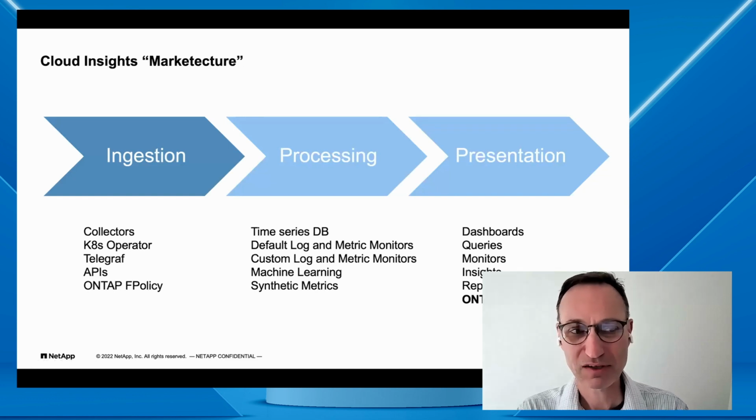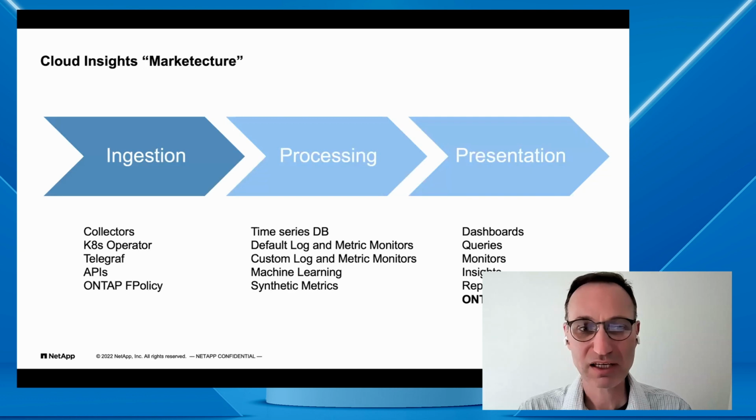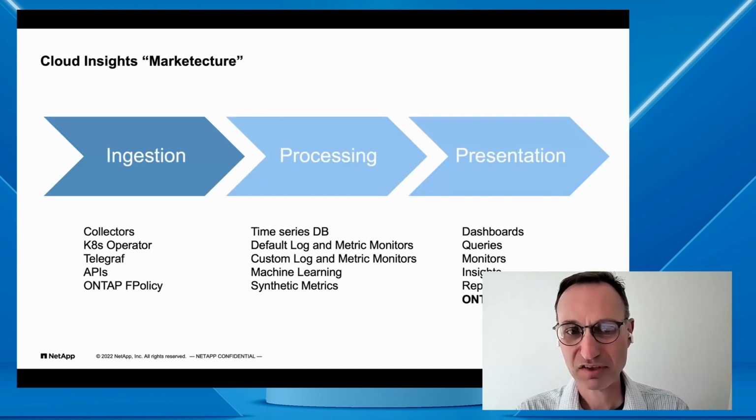When I think of Cloud Insights, there's really three key core pieces. There's collecting the data, there's processing and storing it, and then there's viewing it in various useful ways. When we think about collecting the data, there's a wealth of capabilities: we can collect from storage systems, compute, any APIs, any applications, even ONTAP and its FPolicy for ransomware protection.